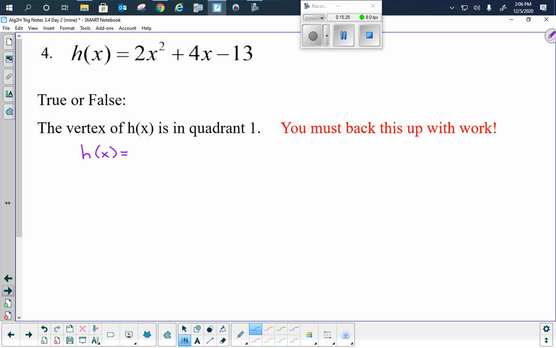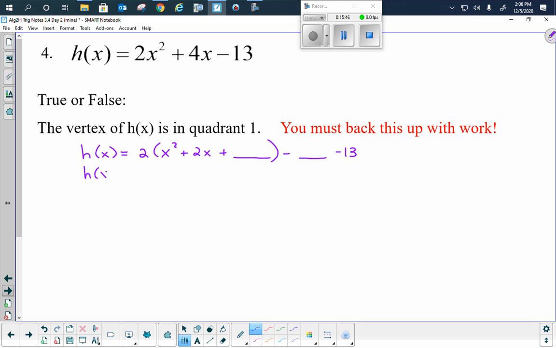So for h of x, I'm going to be completing the square. I've got to take the 2 out of the x squared and the x term. Remember, we add a blank and also subtract a blank from the same side to keep it balanced. And that negative 13, that constant, is always going to go at the back.